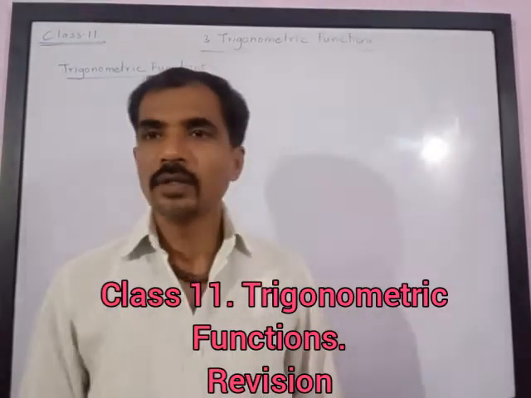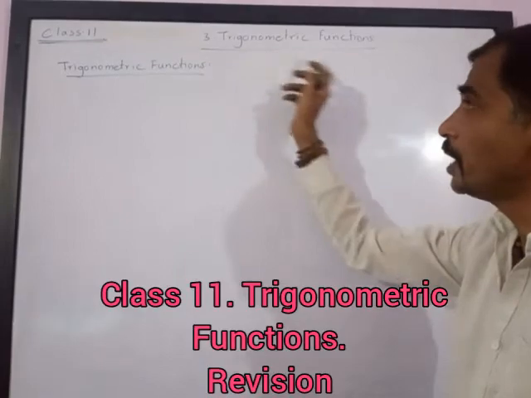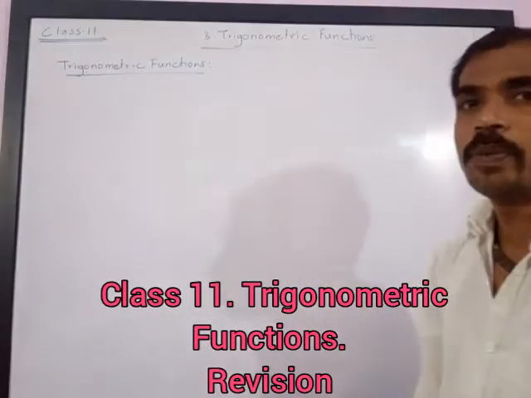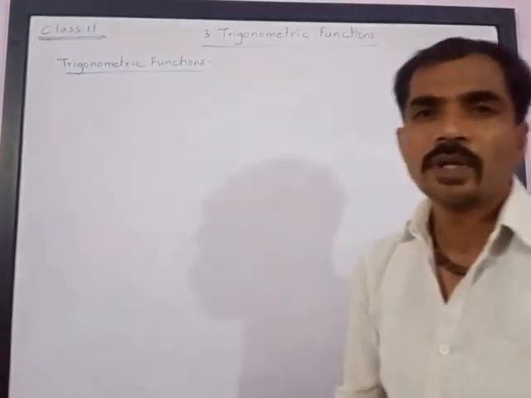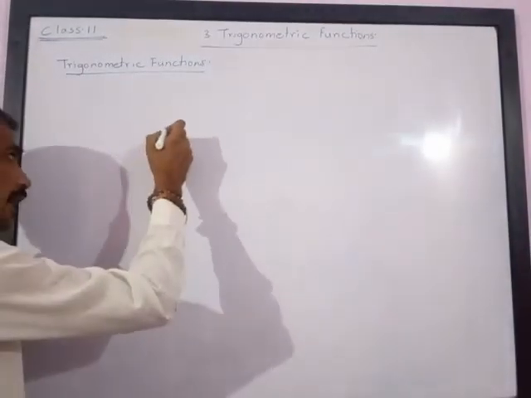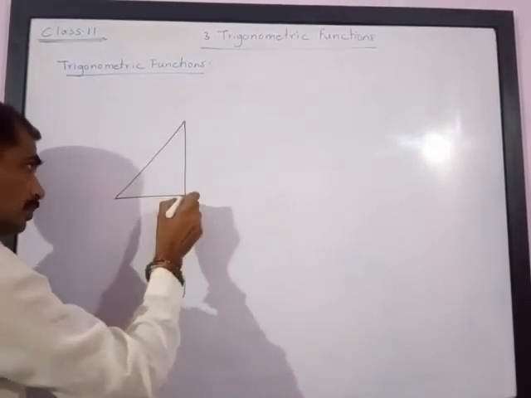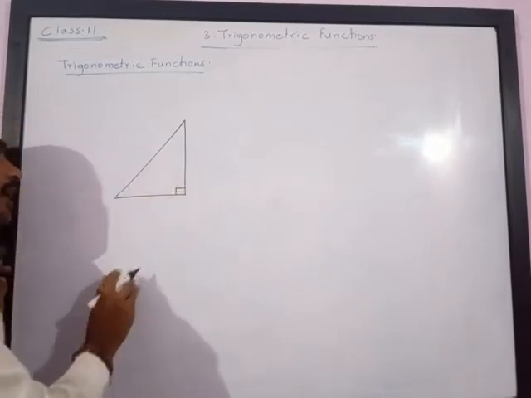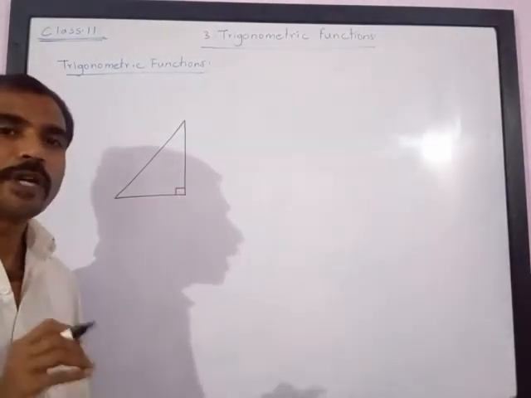Dear friends, in class 11 we are studying the third chapter, trigonometric functions, and the next topic is trigonometric functions. We have already studied this in the case of a right angle triangle. In a right angle triangle, the ratio of the sides remains constant for a particular angle.